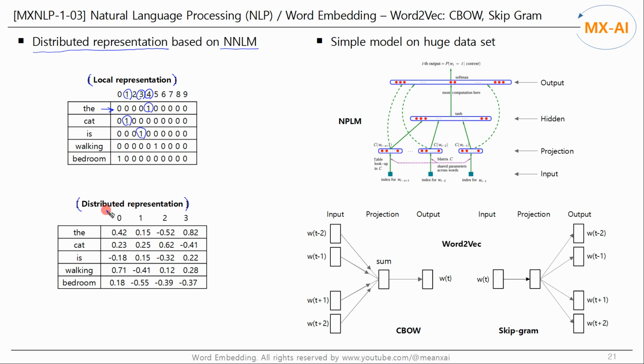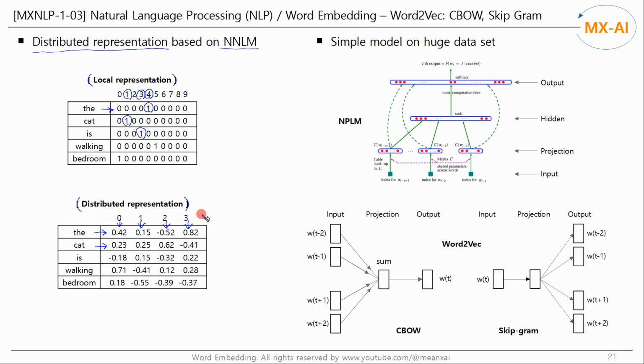In contrast, in a distributed representation, each word is represented by a pattern of activation across multiple units. And each individual unit participates in the representation of multiple different words. Distributed representation, which represents words as continuous vectors, has a long history.